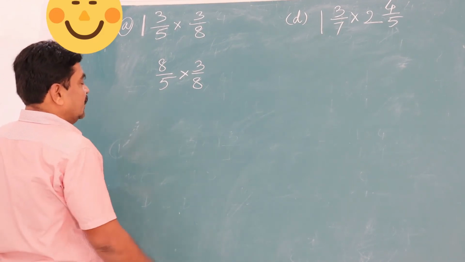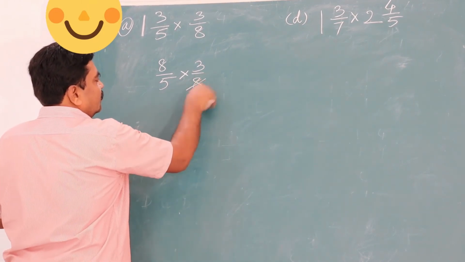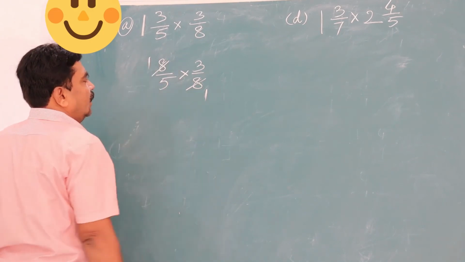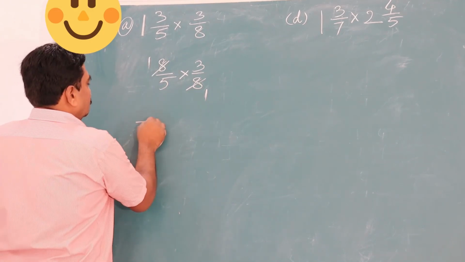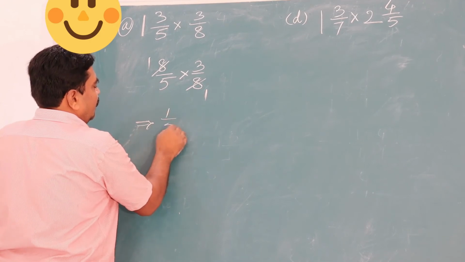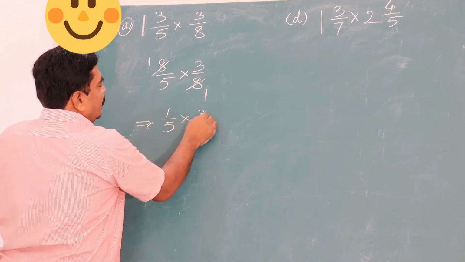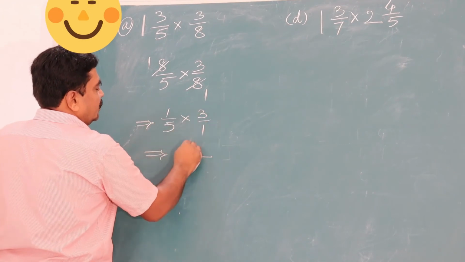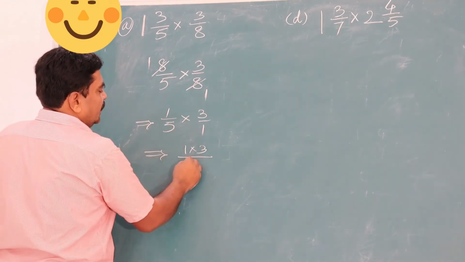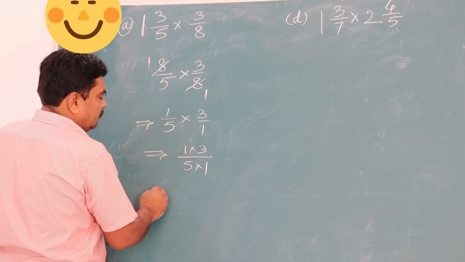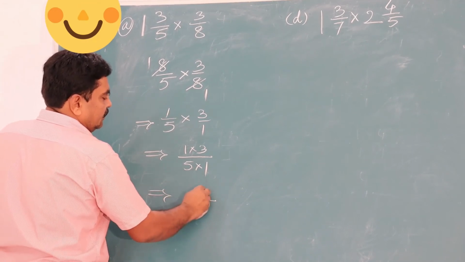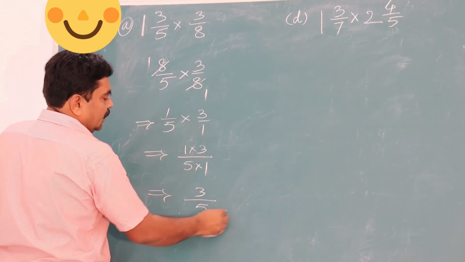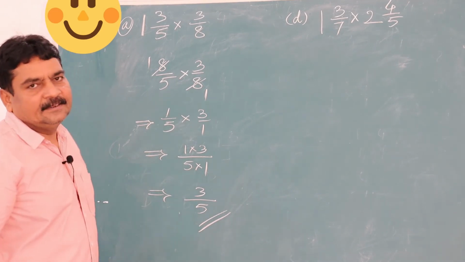Easy, because in the denominator you have 8 and in the numerator also you have 8. Now your next step: you have 1 by 5 as a fraction and 3 by 1 as a fraction. So 1 into 3 is 3, 5 into 1 is 5, that is 3 by 5 is your answer.